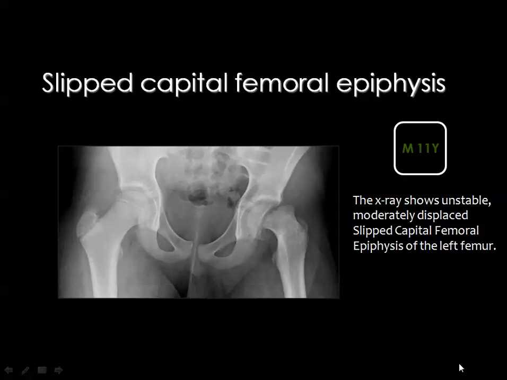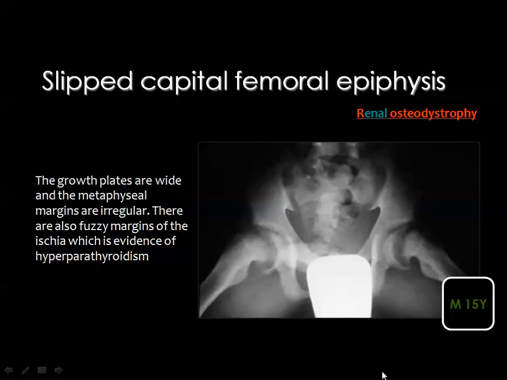And this is the moderate degree of slipped capital femoral epiphysis, which is evident in this frontal radiograph of the pelvis. This patient has renal failure and renal osteodystrophy, and you see bilateral slippage of the capital femoral epiphysis.